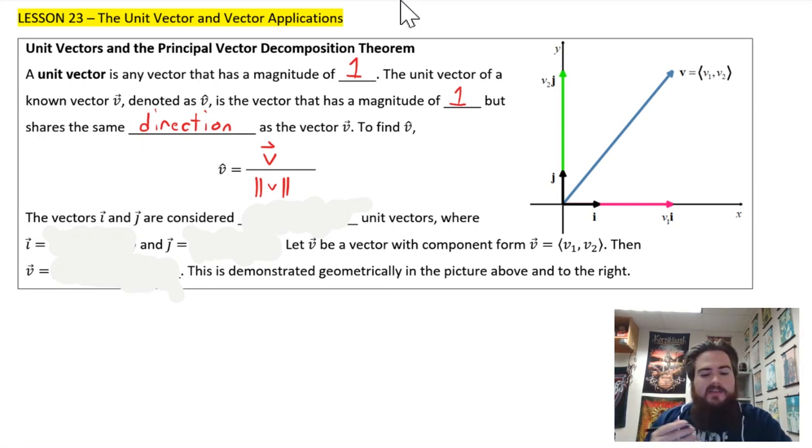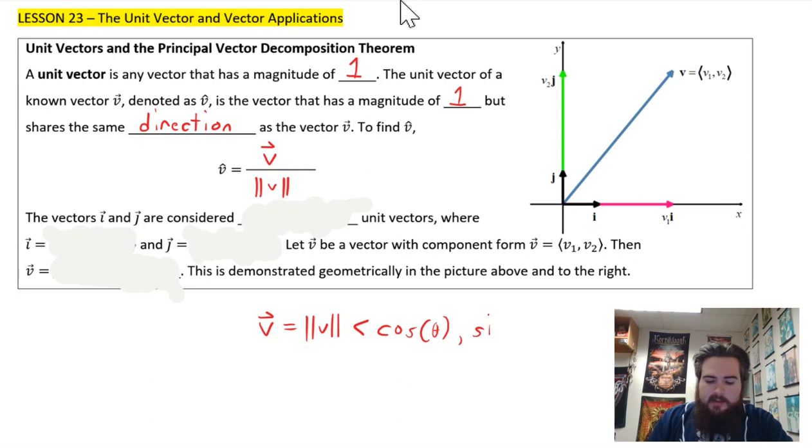When you do that, if we consider a vector in its polar component form, a vector in polar component form would look like its magnitude times the vector cosine of theta, sine of theta. And if you divide the vector by its own magnitude, that is going to divide that scalar by itself, or cancel it out.